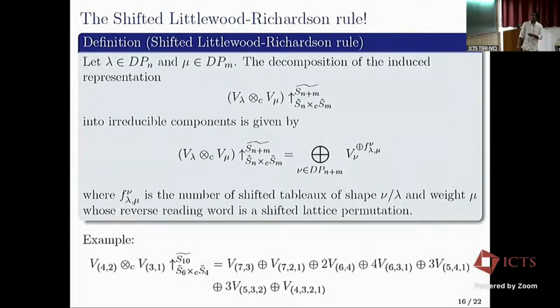And there is also a shifted Littlewood-Richardson rule, which is an analog of the Littlewood-Richardson rule. So you take two irreducible representations corresponding to a double cover of Sn and Sm, and you induce to a bigger double cover, and that's described by some coefficients called shifted Littlewood-Richardson coefficients.